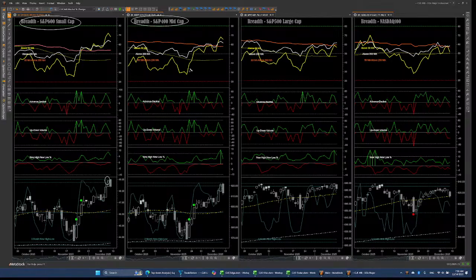Same was true for mid cap. Same was true for large cap also. That was not true for Nasdaq 100 because the mega caps were underperforming. So though the market was going up, it was bullish, it was also extremely overbought at the close on Thursday, and I anticipated a pullback.